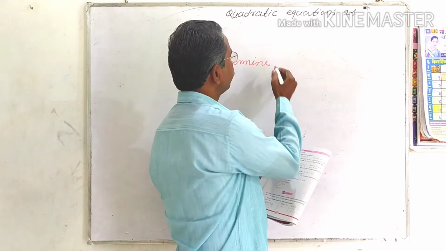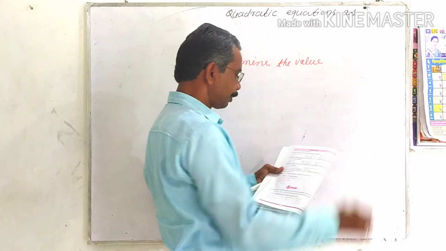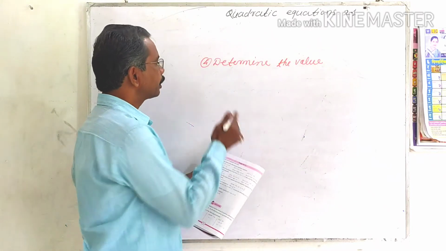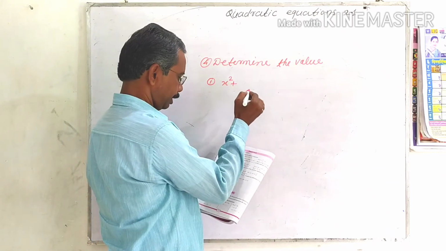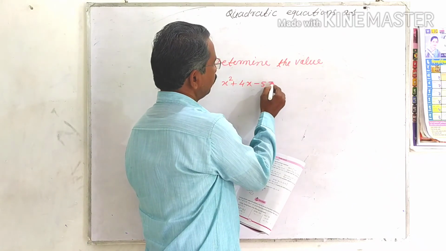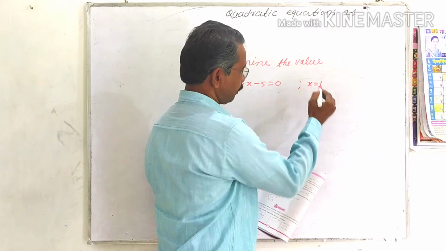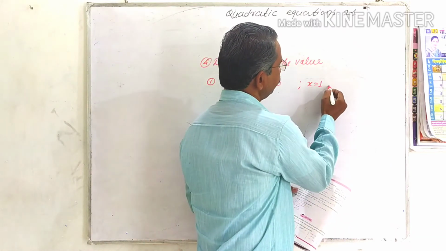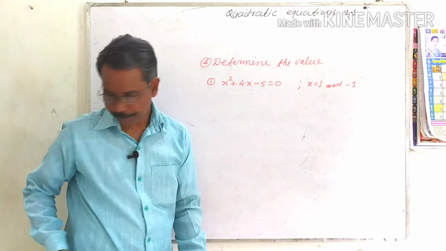Determine the value. First is x square plus 4x minus 5 equal to 0, and x equal to 1 and minus 1.